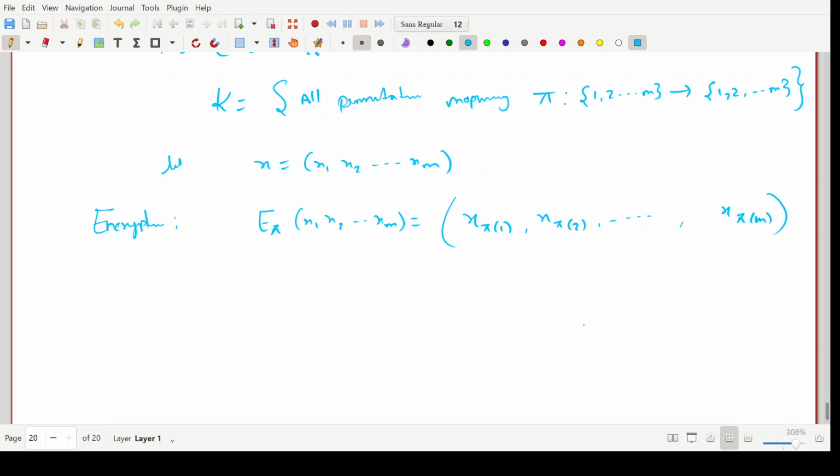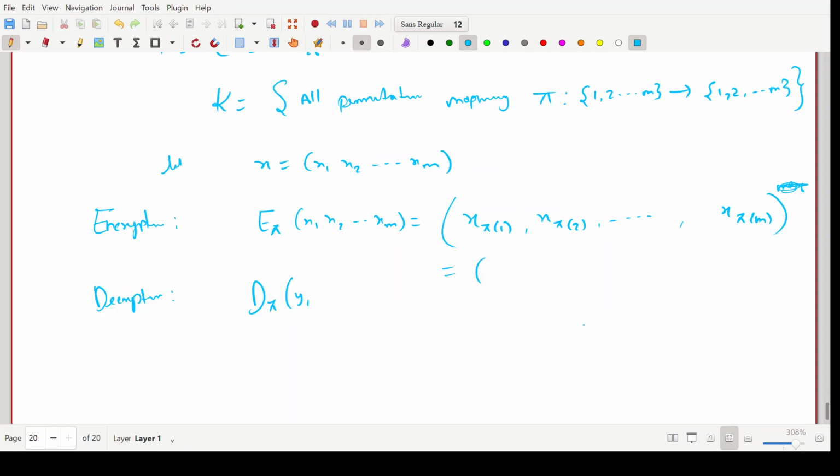For the decryption I just have to take pi inverse. Here there is no need to do any modulo 26, because I am not taking any addition or subtraction, I am just interchanging the positions.